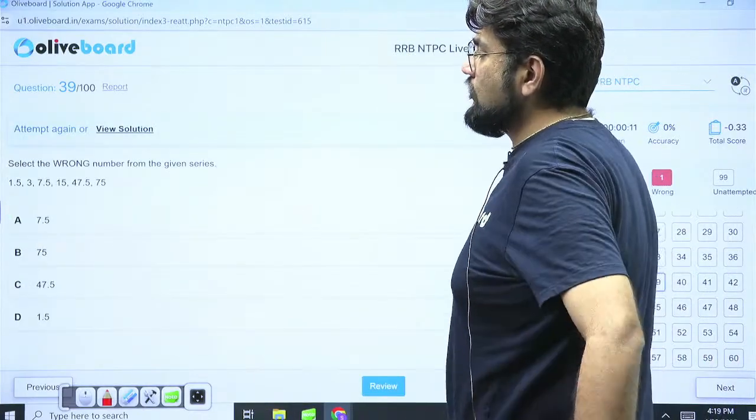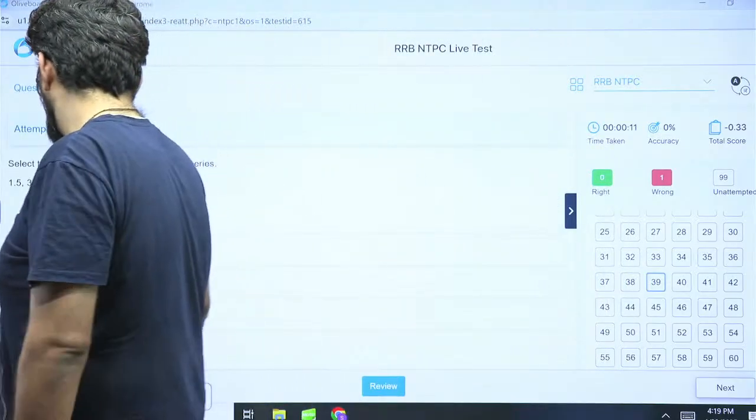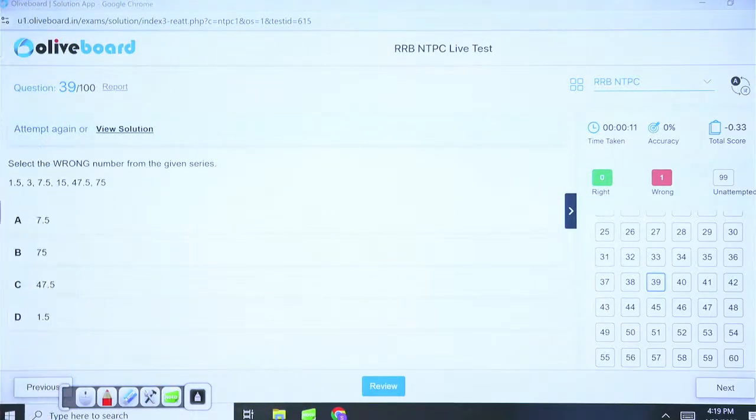Select the wrong number from the given series. So you have to select the incorrect answer. Now this is a classic question actually.